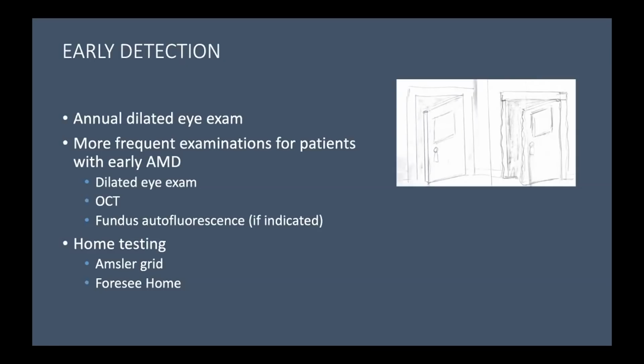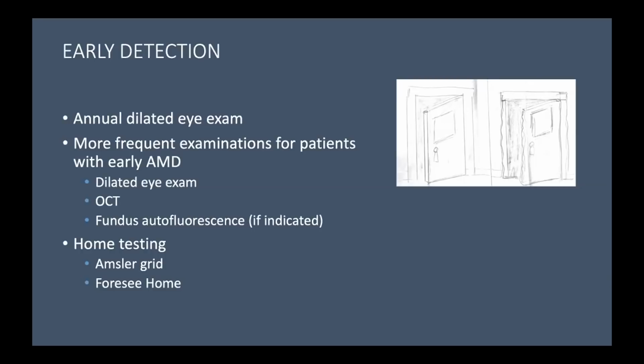Early detection of macular degeneration, just like many conditions, is very helpful in order to implement treatment early. So that's part of why we recommend an annual dilated exam for all patients, more frequent examinations for patients with early macular degeneration. And we can also perform optical coherence tomography and fundus autofluorescence as needed.